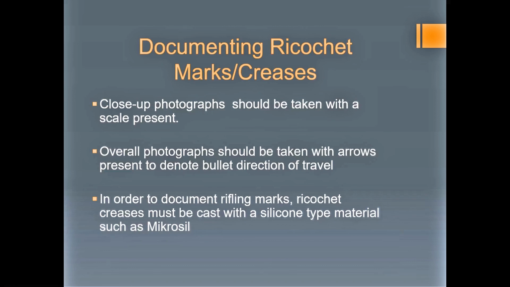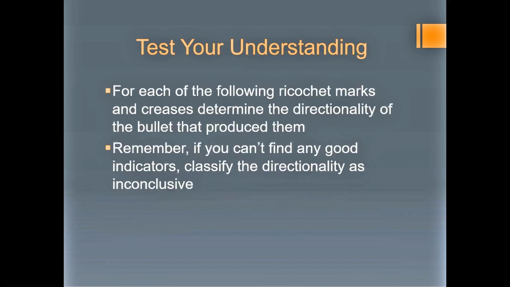But all you have is that picture. So what good does it do you? If you have an overall photo of the vehicle or whatever the surface was, and then you show a directionality, we know that the vehicle that was part of the scene has a bullet that traveled from right to left. You can put everything into context. So remember, overall, intermediate, and close-up photos are very important, so we can reconstruct things later on.